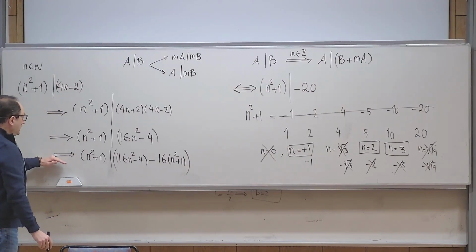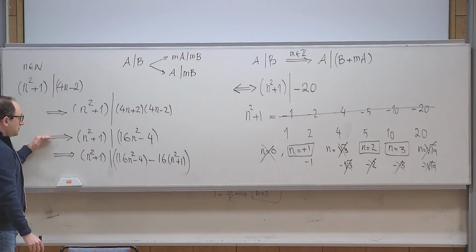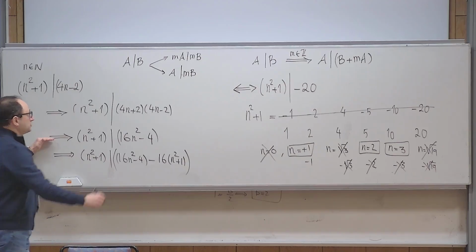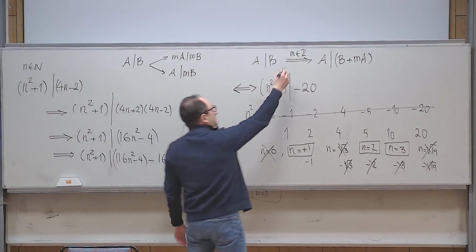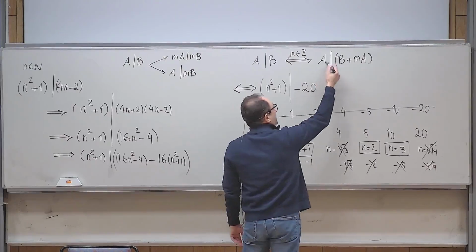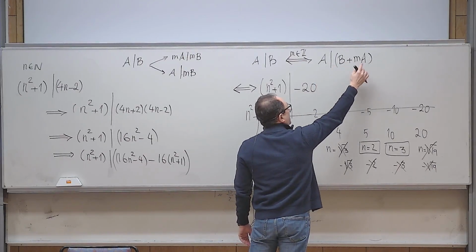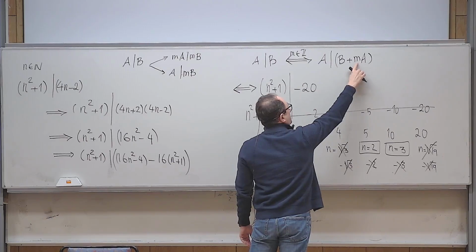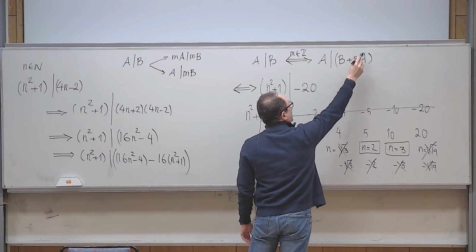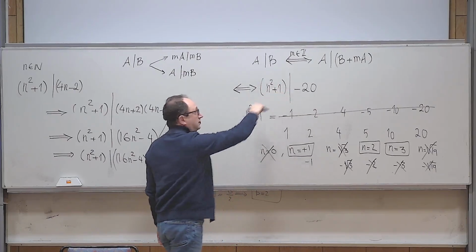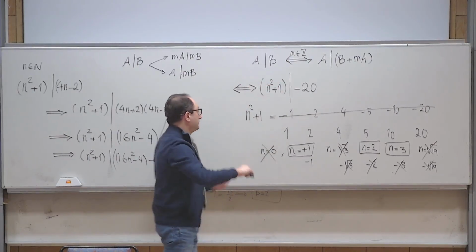Can I go from this one to that one? Yes, that is also guaranteed, because you know that that one is double-sided. If A divides B plus MA, where A is the left-hand side and M is a multiple of the left-hand side, I can eliminate that. In lecture 3, we saw that this is also reversible.